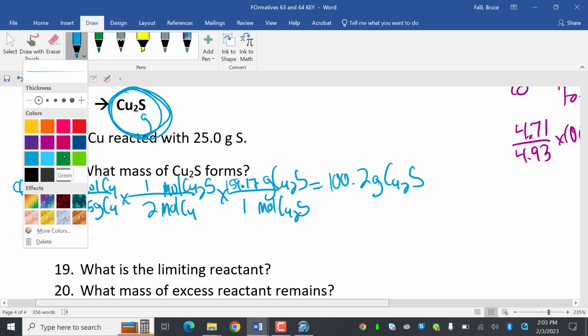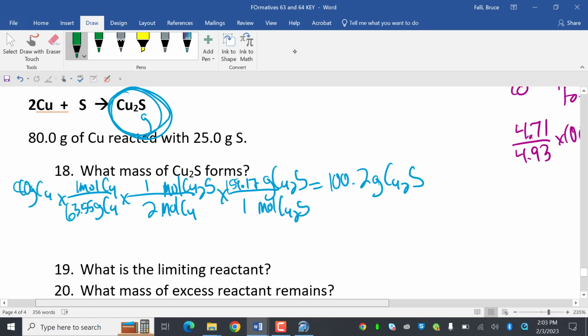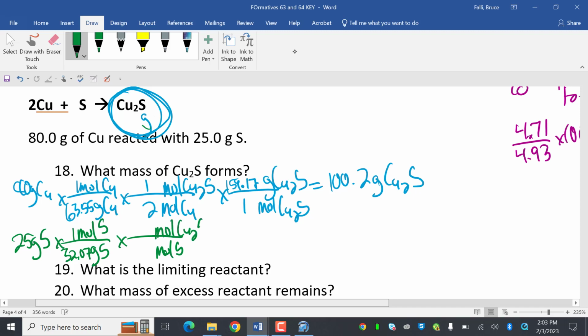I'm going to change my color again, and I'm going to do 25 grams of sulfur. Same idea: grams of S going into moles of S. My goal is grams of Cu2S. Sulfur is 32.07 per mole of S. And I want to go into grams of Cu2S, but I first go into moles of Cu2S.